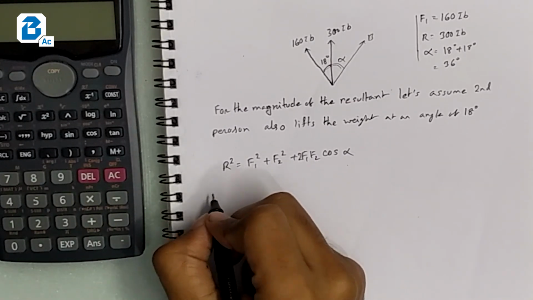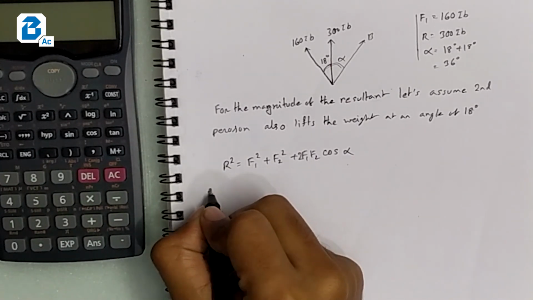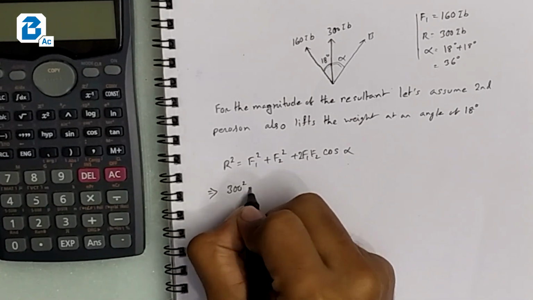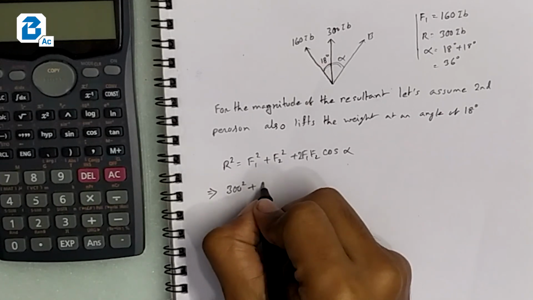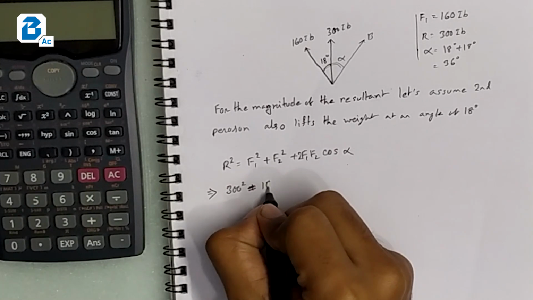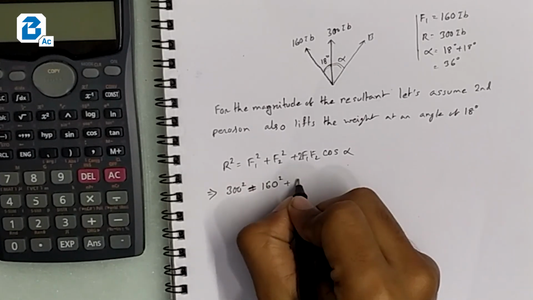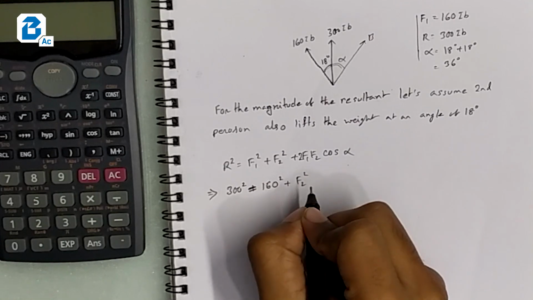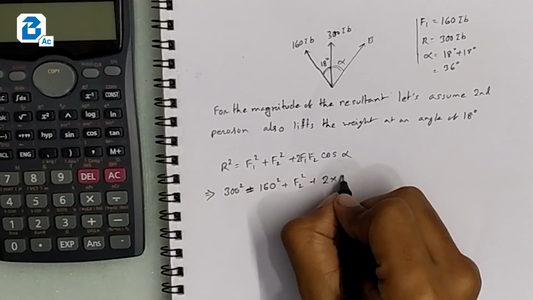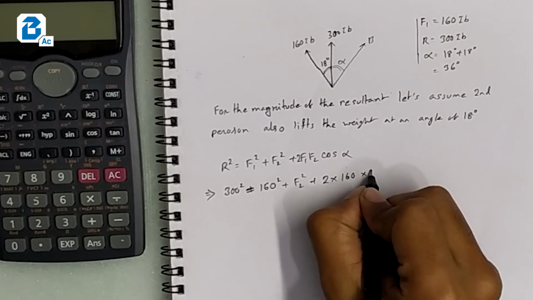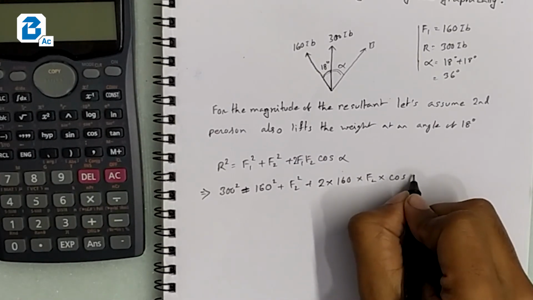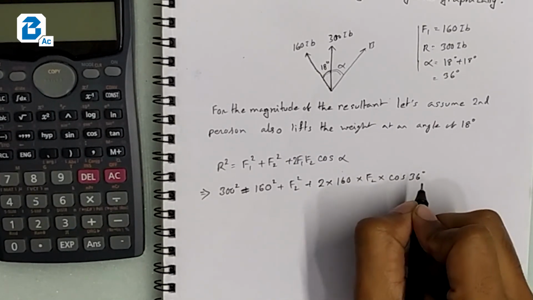Now let's apply the values. 300 squared equals 160 squared plus F2 squared, because we don't know the value yet, plus 2 into 160 into F2 into cos 36 degrees.